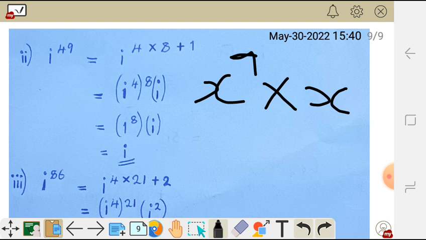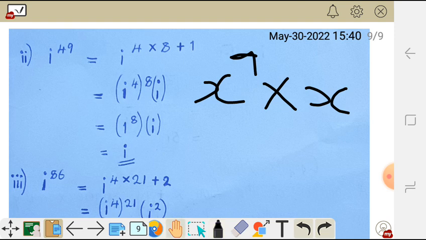Any number raised to the power 1 is the same as that number, so for plus 1, it will be just i. And this i to the power 4 is just 1. So that 1 to the power 8 multiplied by that i there, and then we are going to have our i as the answer.